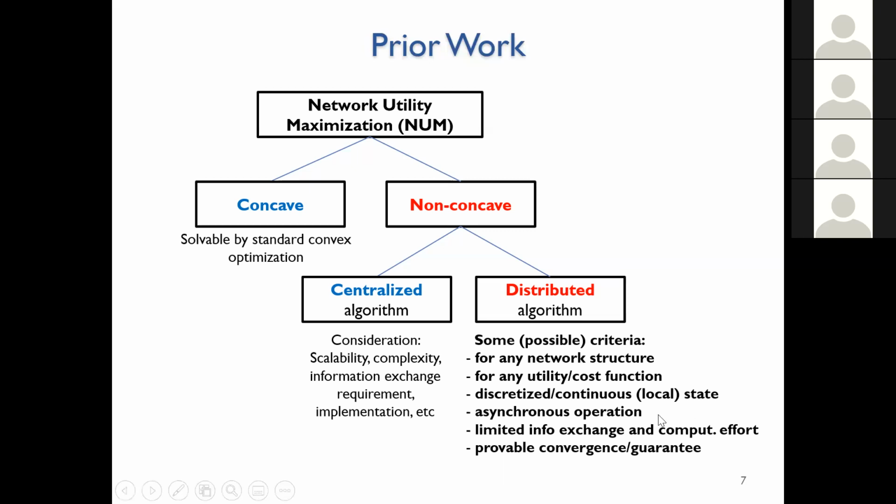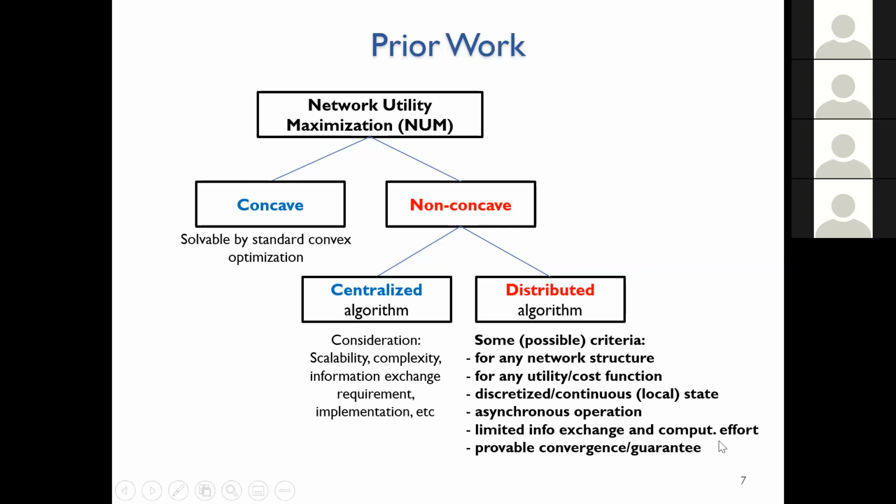You wish it can work in an asynchronous operation manner, which means you don't have to adjust the power level of each device in a predefined order, such as users 1, 2, 3, 4, then 1, 2, 3, 4 in a round robin manner. Maybe you don't have a way to coordinate them and ask them to follow one after another. You want to do it in a more arbitrary manner, which means a random sequence.